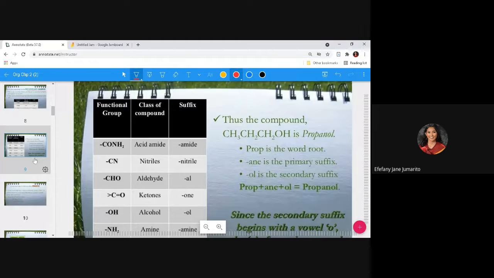Okay, so for example, class, we have this one. How would you name this compound, class? How would you name this compound? Okay, we have Sarah.